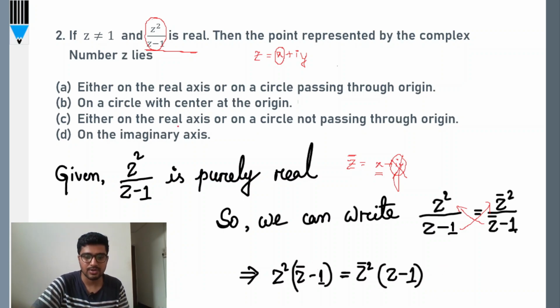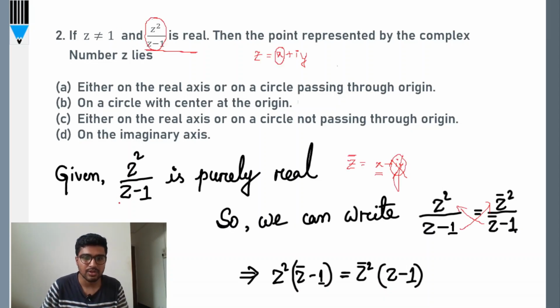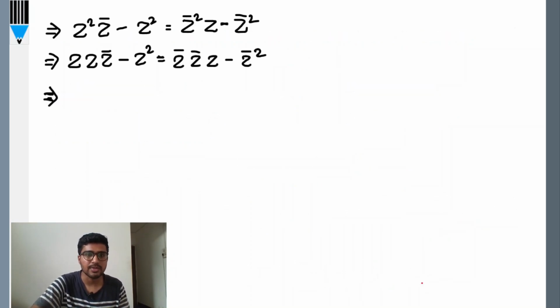So let me simplify this. In the next step, z square multiplies with z bar and z square multiplies with 1, and similarly z bar square multiplies with z and minus 1. Just multiplying this we get z square z bar minus z square equals z bar square z minus z bar square.